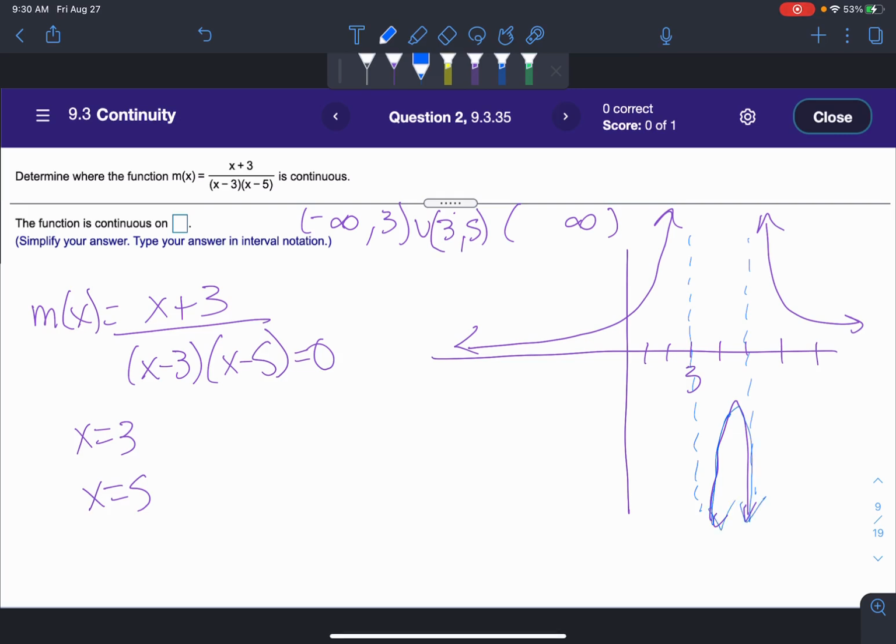And then this is 5 here, so now we're going to do this piece, and that will be 5 to infinity. And this symbol here just means union, which just means or. So x could be this range, or this range, or this range, but not 3 and 5. Okay.